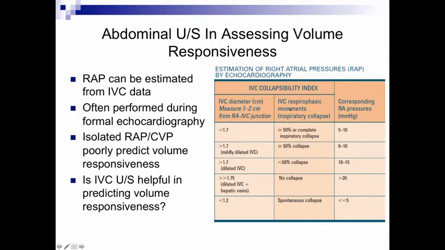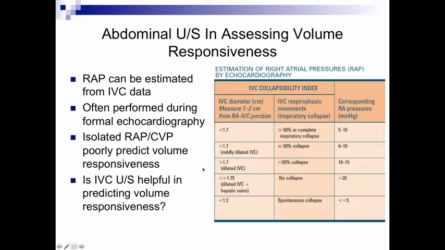And this table is a pretty common example of what echocardiographers use to estimate right atrial pressure when they do echoes. So they basically look at what's the IVC diameter, is it less than or greater than 1.7 to 2 centimeters, and is there 50% or more collapse of the IVC with respiration? Based off of that, they can estimate right atrial pressures as you see noted in the table.